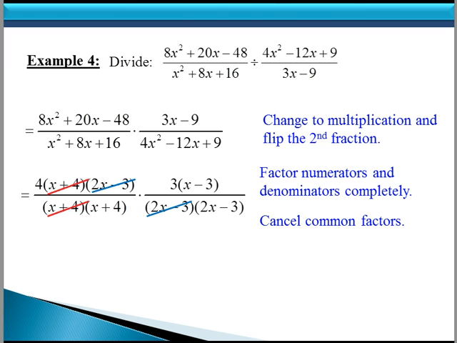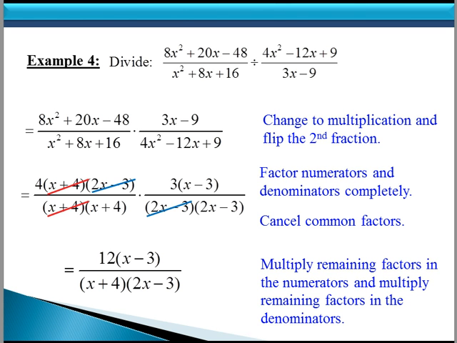So we're done canceling common factors, and we're ready to multiply. We multiply the numerators together: 4 times 3 is 12, so we have 12 times x minus 3 on the top. On the bottom we have x plus 4 times 2x minus 3. And again, it's okay to keep those in factored form. And that's it.